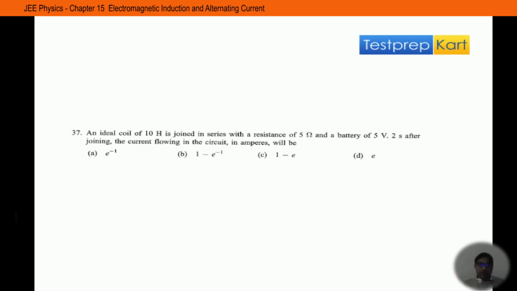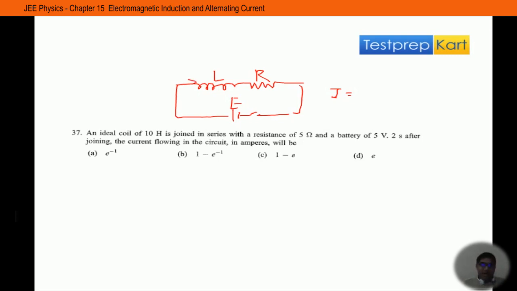Okay. So suppose there is an inductor connected in series with a resistance and a voltage source, and the switch is just closed. So if we write the expression, this is L, this is R, and E. For the current, you need to remember this one, or by solving it, let me write the equation so that if you're interested you can solve it later on.